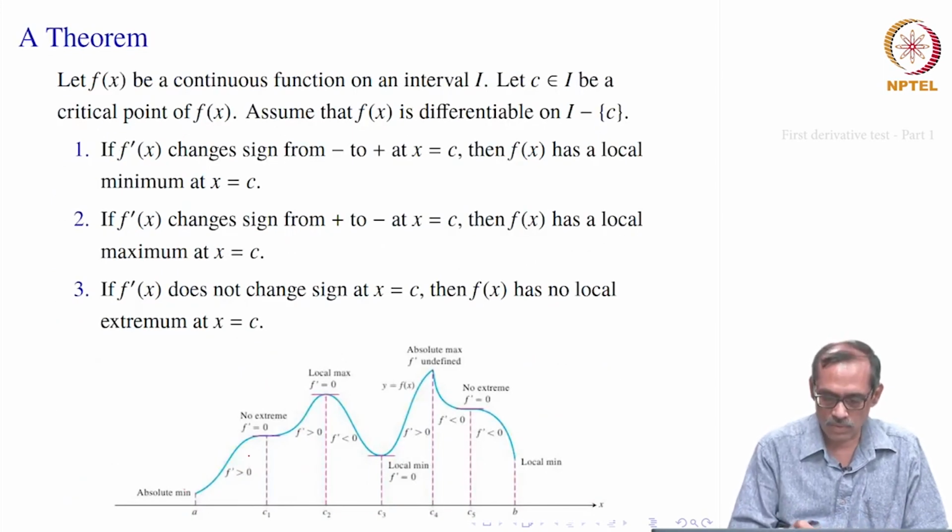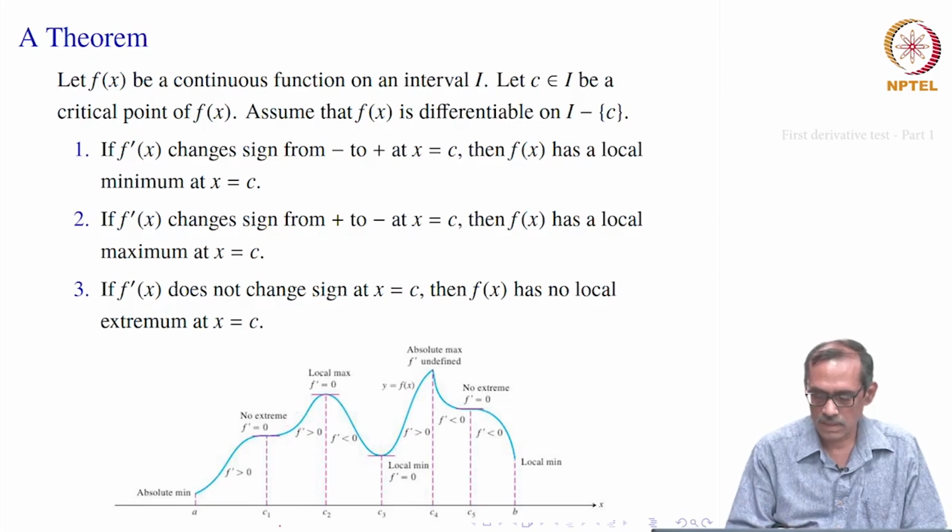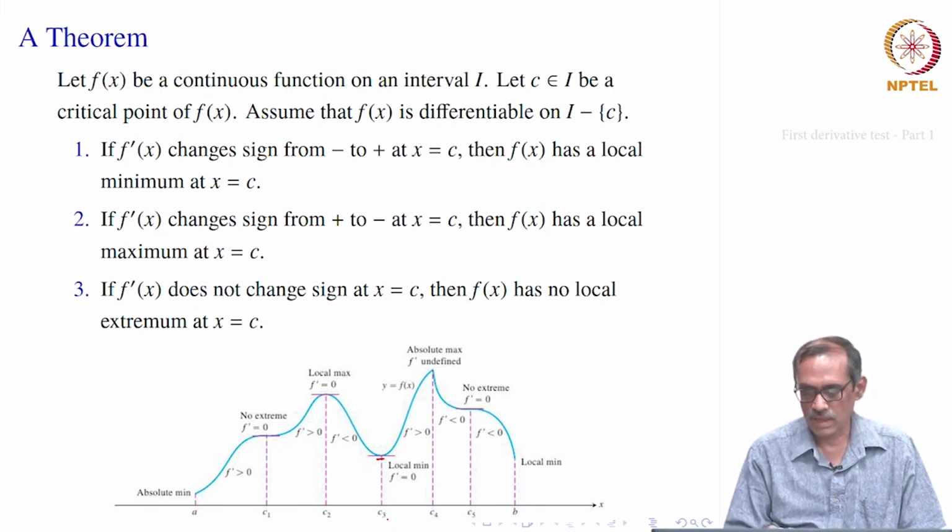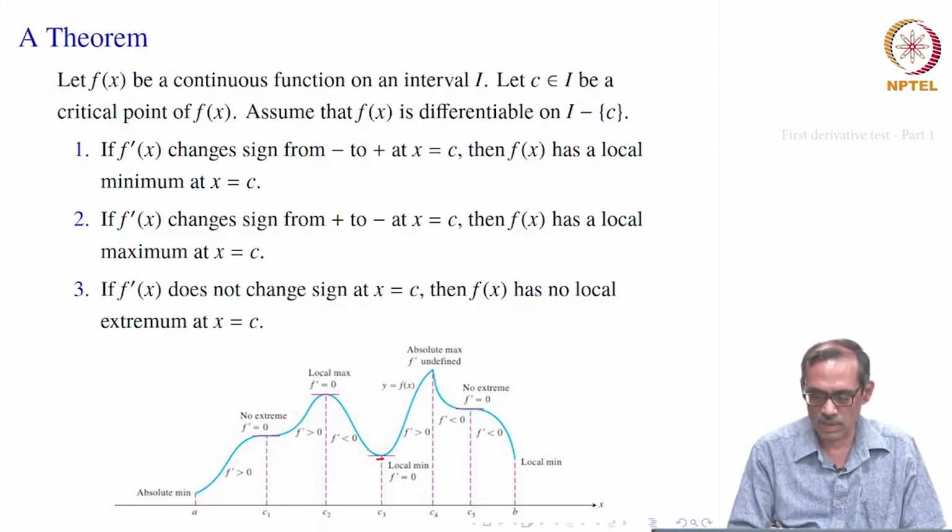So, how are we going to use this information? Let us look at, say, f as a function given like this. Look at the picture. Then f prime equal to 0 at a point, say f prime at c3. Here what happens? f prime is less than 0 throughout this, but all that we need is a neighborhood (c minus delta, c plus delta) where f prime is negative on the left, and on the right of it f prime is positive.